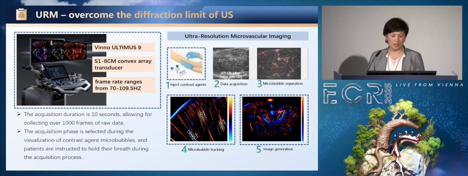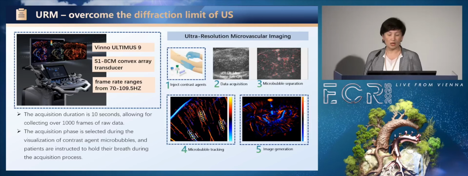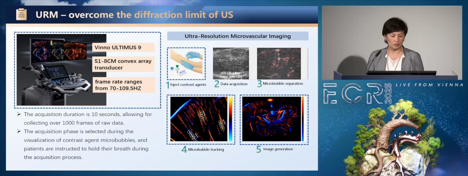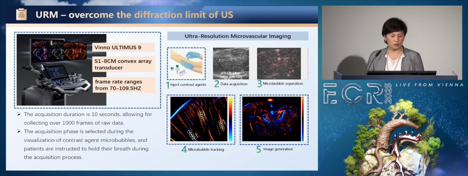We use this method to display myometrium lesions. We use the Ultimus 9 with a convex array transducer, and a frame rate ranging from 70 to 100.